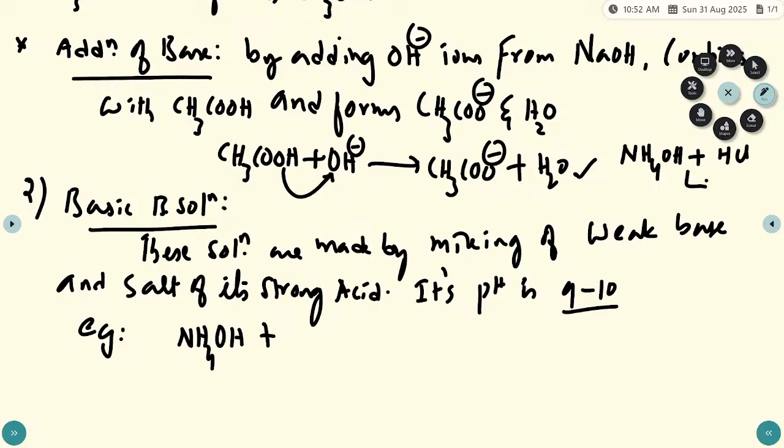HCl. If you add HCl, what salt will be formed? NH4Cl, ammonium chloride. Ammonium chloride and water are formed. So the mixture of NH4OH and NH4Cl, this mixture is known as what? Basic buffer solution.